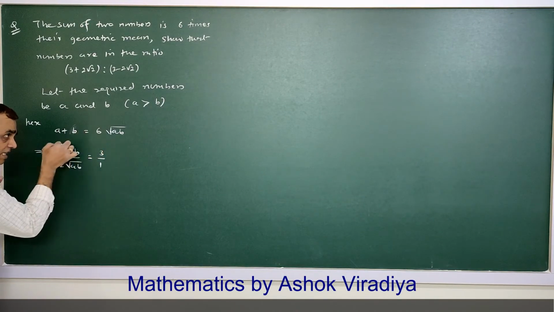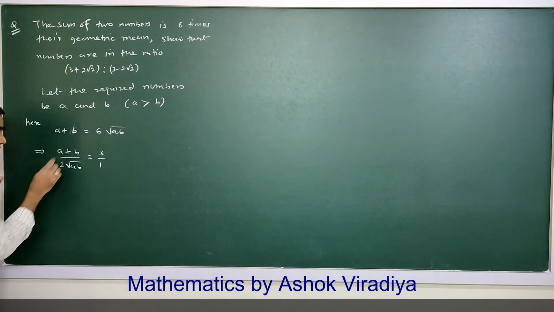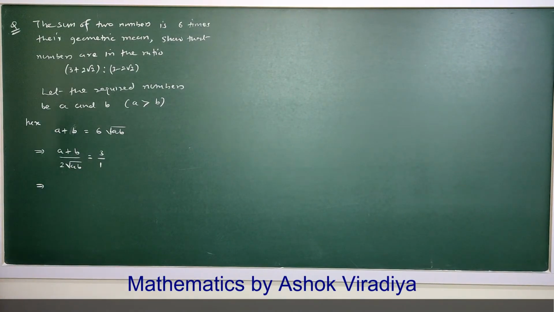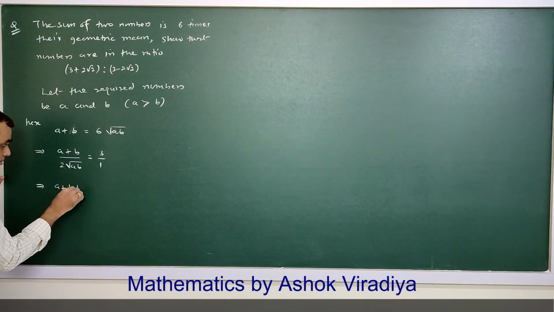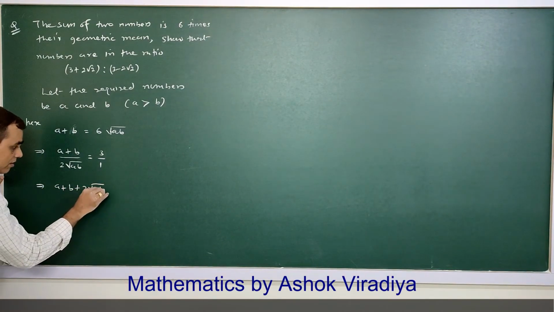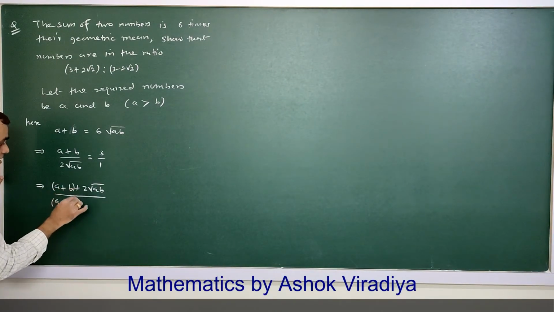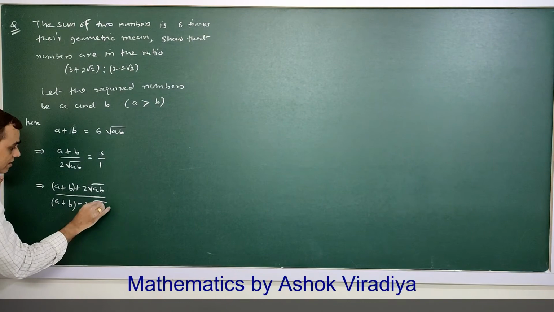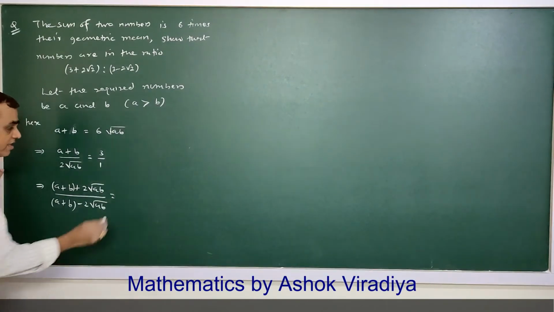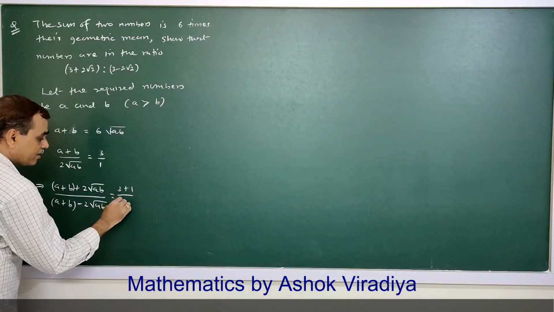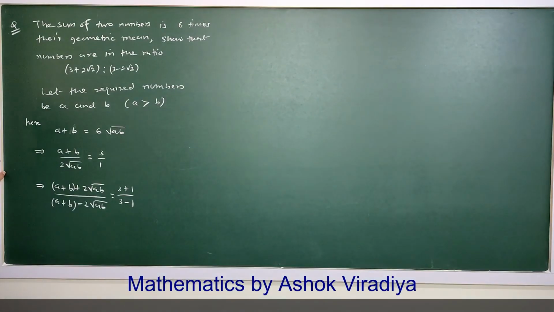Factor 2 is taken in the denominator because now, using the componendo dividendo property, we can create a perfect square polynomial. So numerator plus denominator upon numerator minus denominator. The same I am doing on the right side, numerator plus denominator, numerator minus denominator.